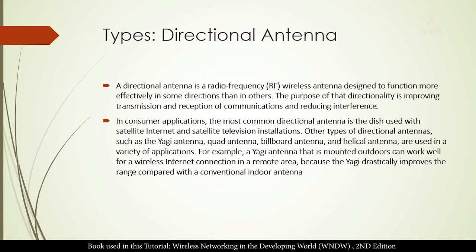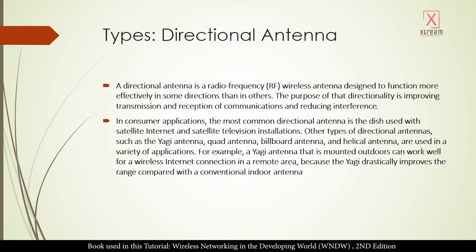So we use the directional antenna to improve transmission and reception on the transmission side and on the reception side. In consumer applications, the most common directional antenna is a dish used with satellite internet and satellite television installations.